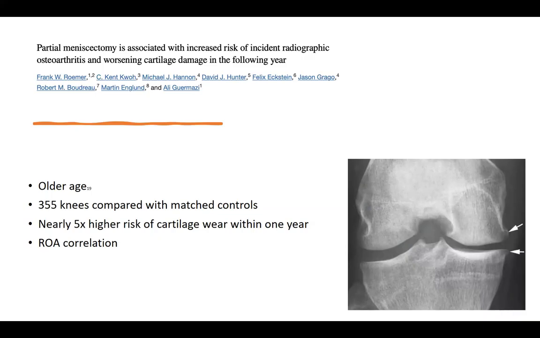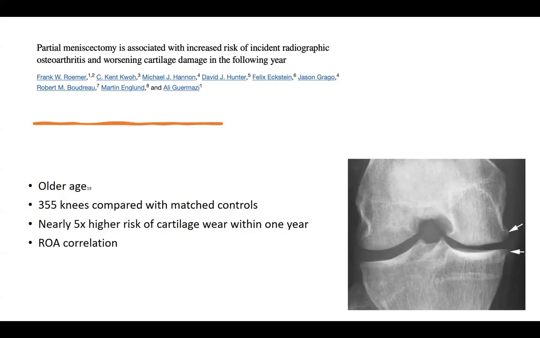On the other end of the spectrum, Romer performed a database case control analysis consisting of 355 knees with newly diagnosed arthritis, all older than 50 years of age. What they found was that a previous history of meniscectomy within the past year was associated with worsening radiographic findings consistent with arthritis.